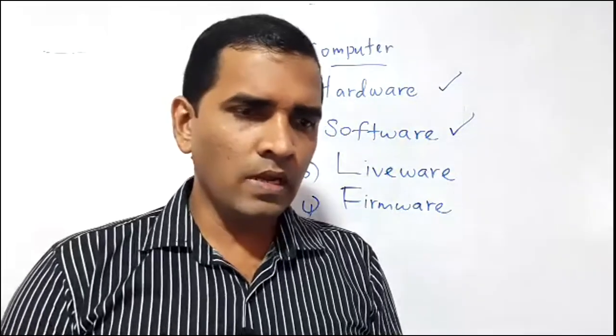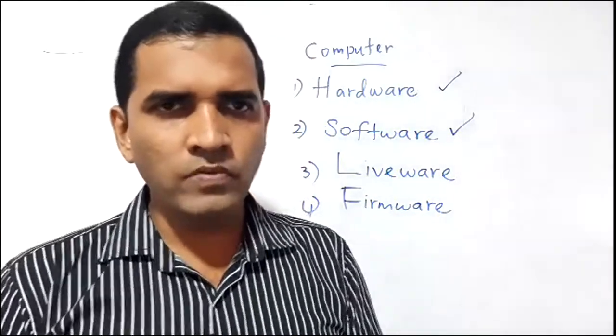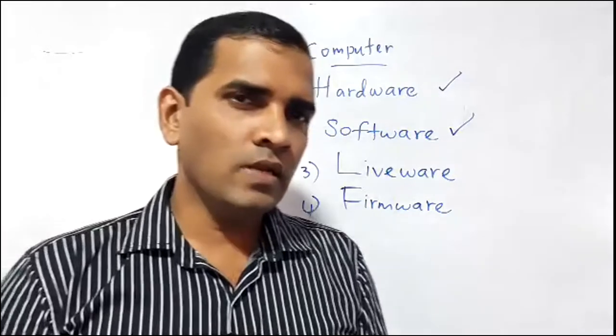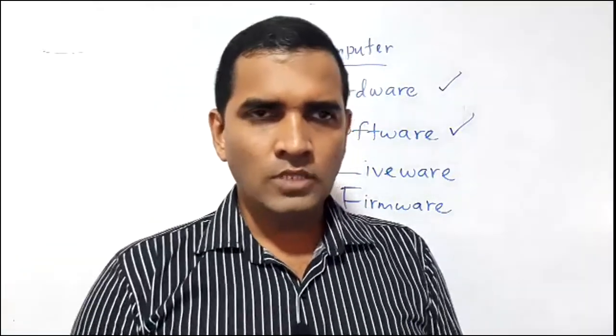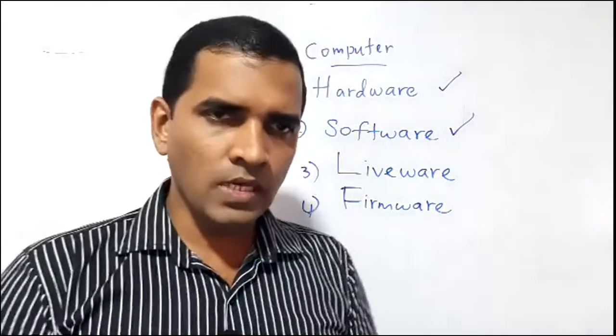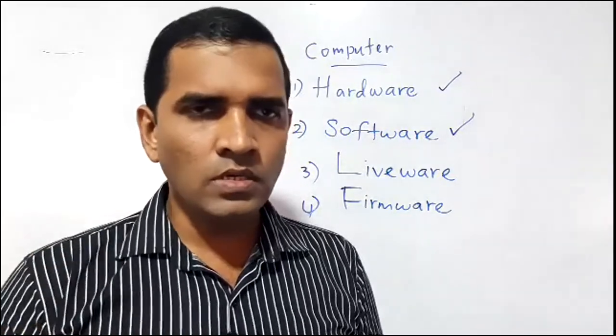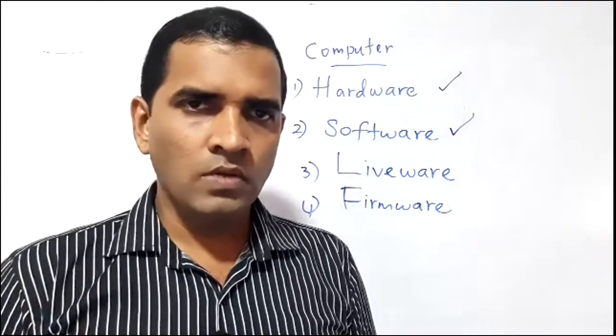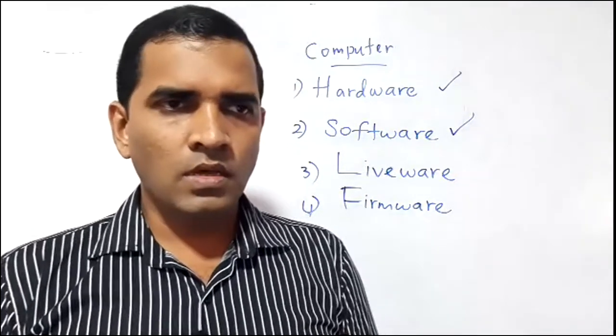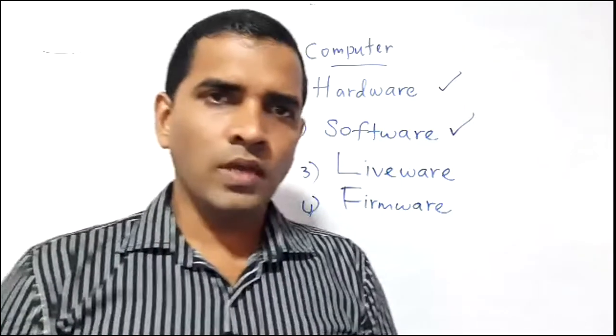So you might have learned different livewares in the previous classes, but we will learn them in grade 11. Actually, liveware takes different names according to his or her role. For example, you might have heard programmers.